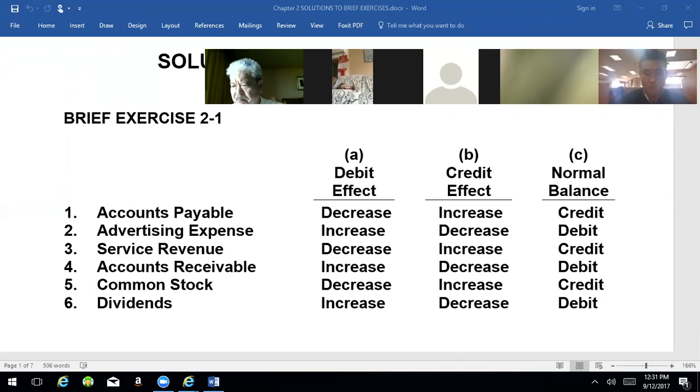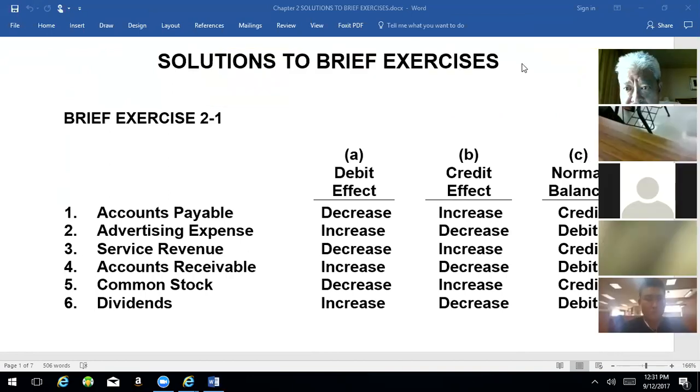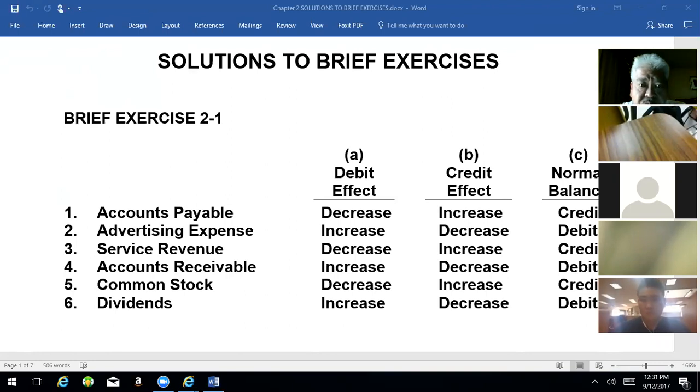So notice the rules, or in general, how this will happen. As you see there, it tells us the payable.